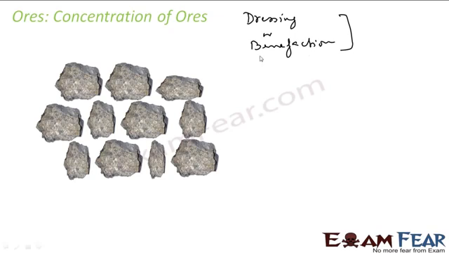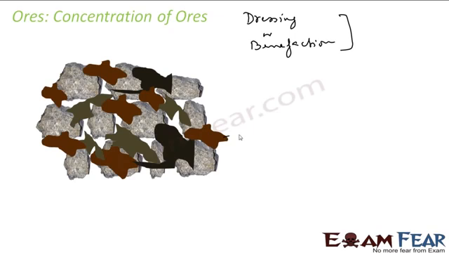So here the difference in the physical property is the key. The difference in the physical property of the metal and the gangue. This is my gangue and this is my metal ore. So the difference in the physical property of these is used to separate them, right?